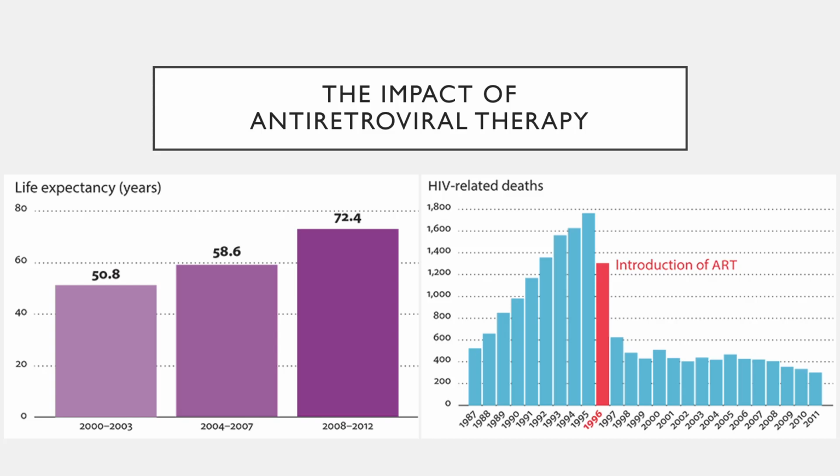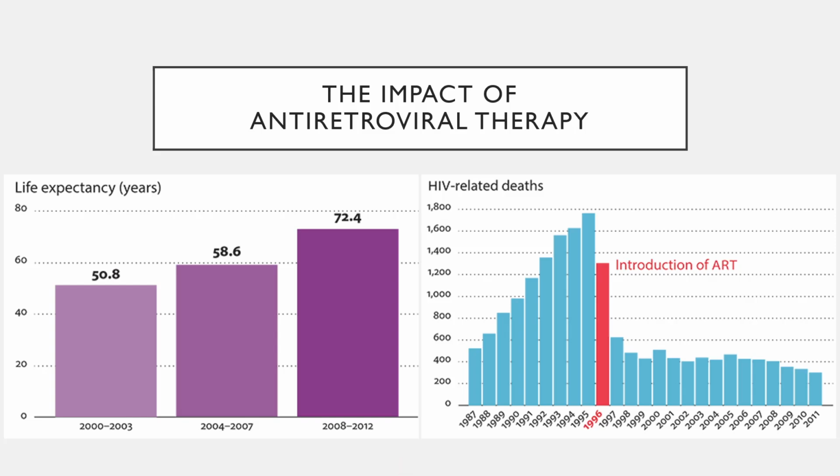But as we can see, in Canada, upon the introduction of antiretroviral therapy, the number of HIV-related deaths plummeted. So, antiretroviral therapies are highly effective, and since the year 2000, they have resulted in a significant increase in the life expectancy of people who are affected by HIV.